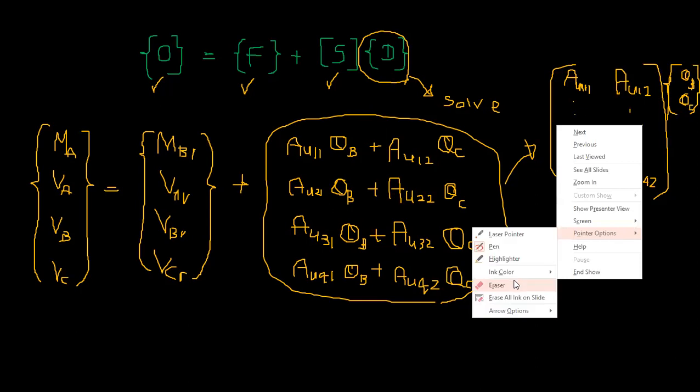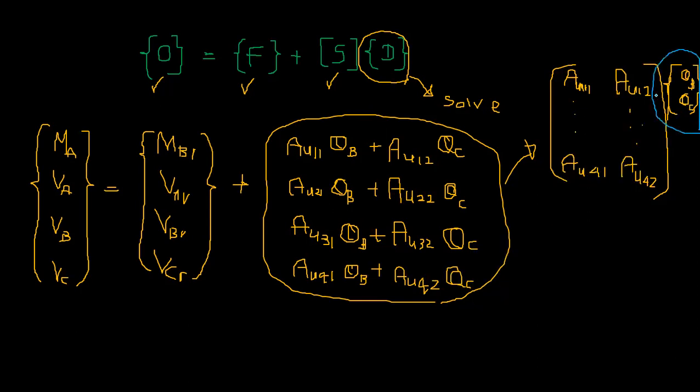Theta B and theta C. Again, this corresponds to the displacement matrix we solved earlier, right? So that means this is the action matrix, right? And this is the action of the primary structure. We call it AR.